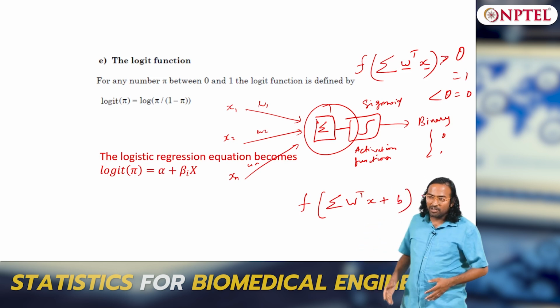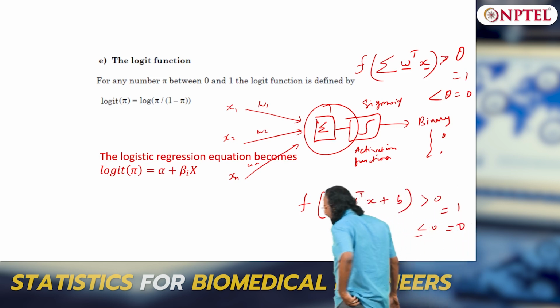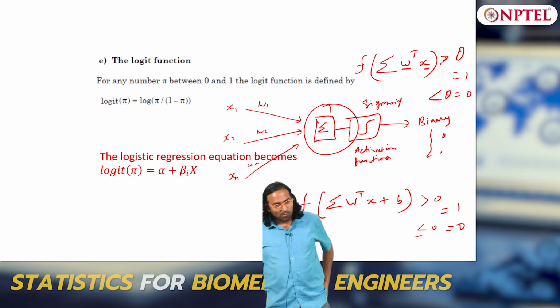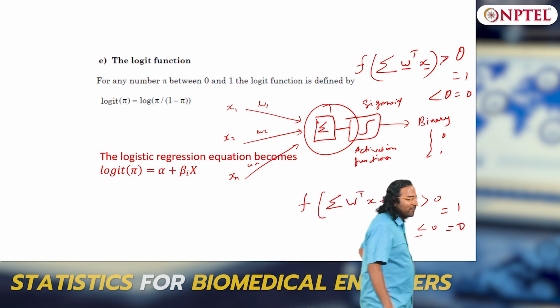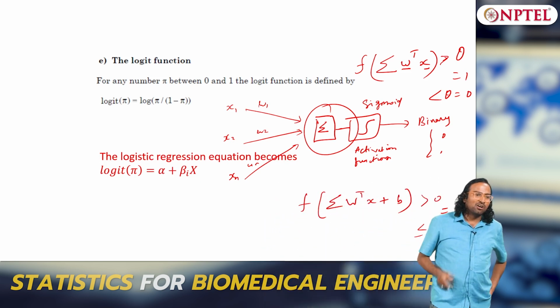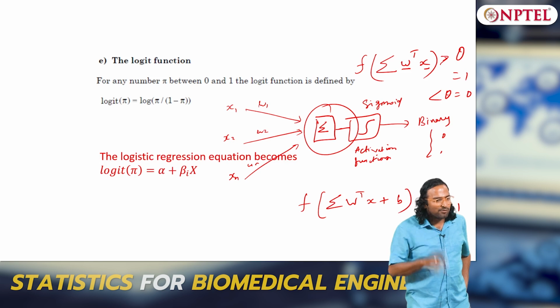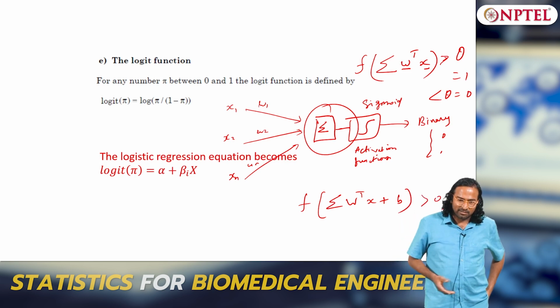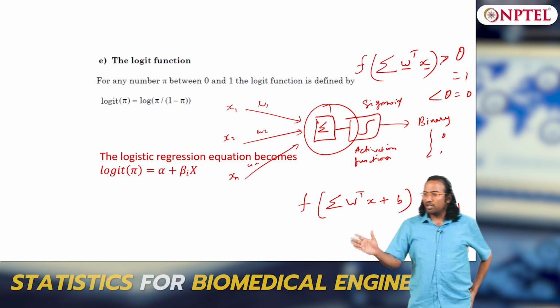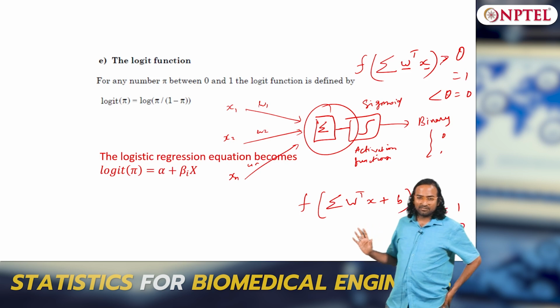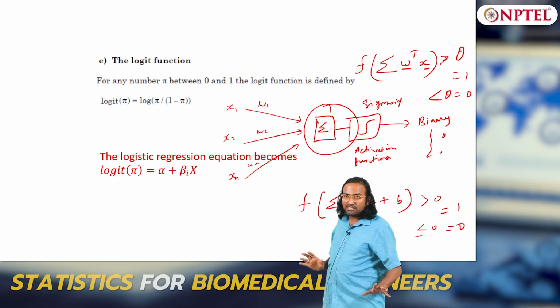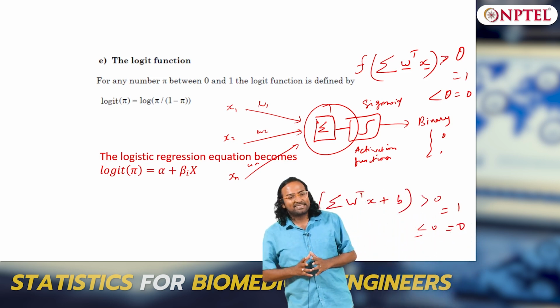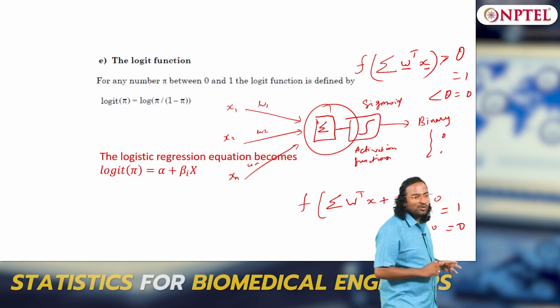If the probability of y given x is greater than 0.5, the output is 1, and if it is less than 0.5 it is 0, and equal to 0.5 is the confusion point, you do not want that. Clear, so that you could do a classification. So this logistic regression is actually an exact model of a neuron.